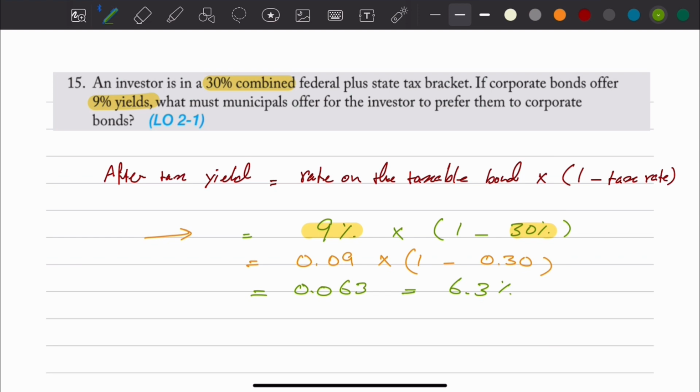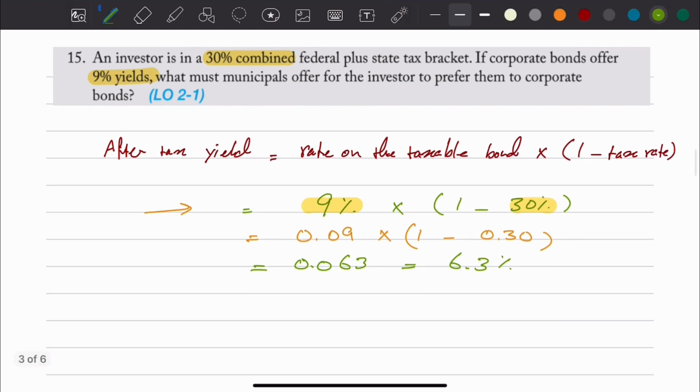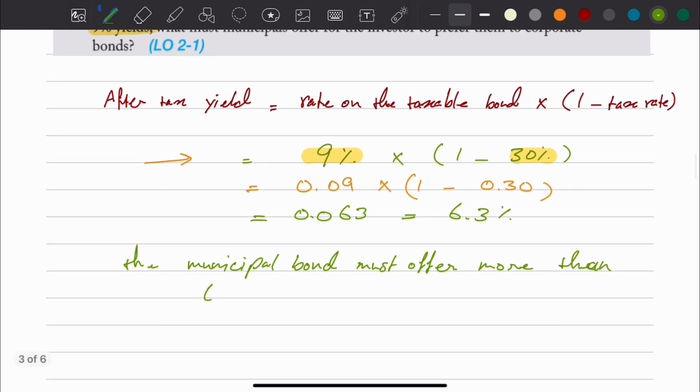So the answer to the question, what must municipal bonds offer for the investor to prefer them to corporate bonds, would be: the municipal bond must offer more than 6.3%.